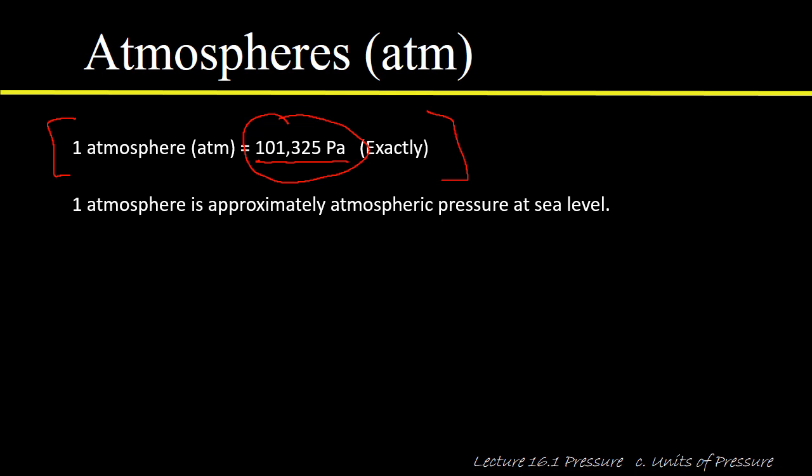It varies a little bit, probably less than a percent, a fraction of a percent, depending on weather conditions. But it stays pretty much around 1 atmosphere. If you're in a city with a higher altitude, then it can be a little bit less than 1 atmosphere.